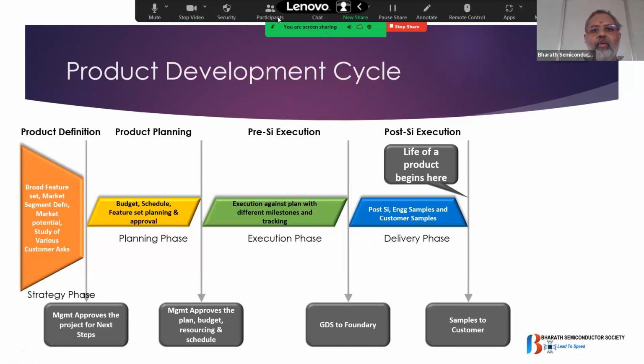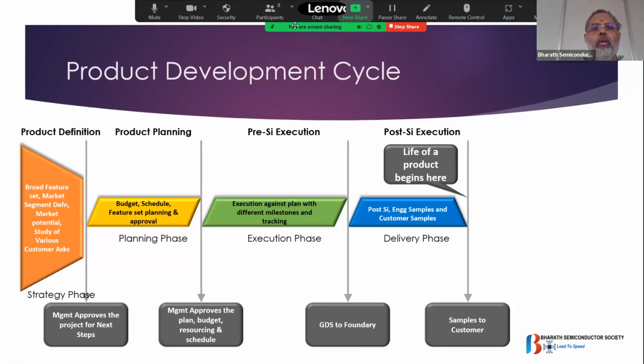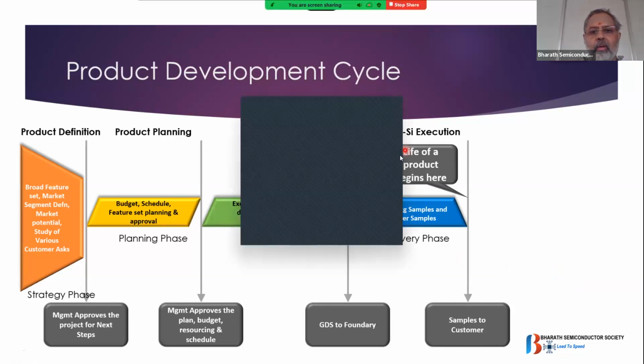How many people are there? Check. How many people including me? Sohail, are you there? No, volunteers are there. Okay, let's get started.